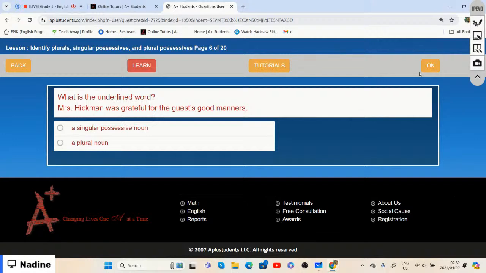It says, Mrs. Hickman was grateful for the guests' good manners. So we need to say what the underlined word means. In this case, it is guests with an apostrophe.